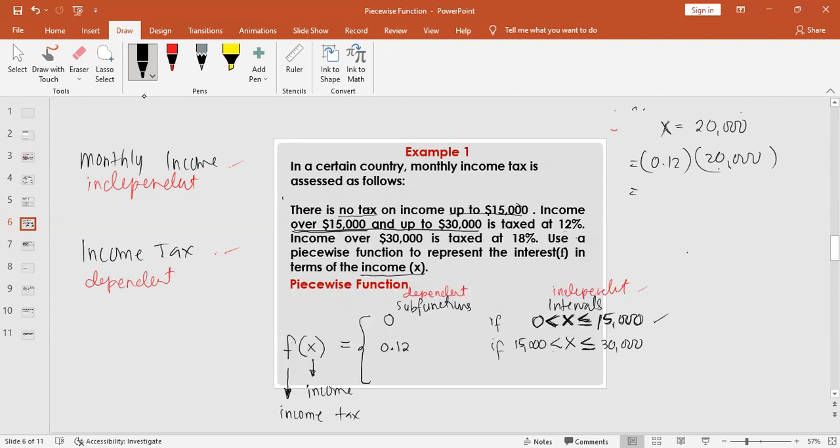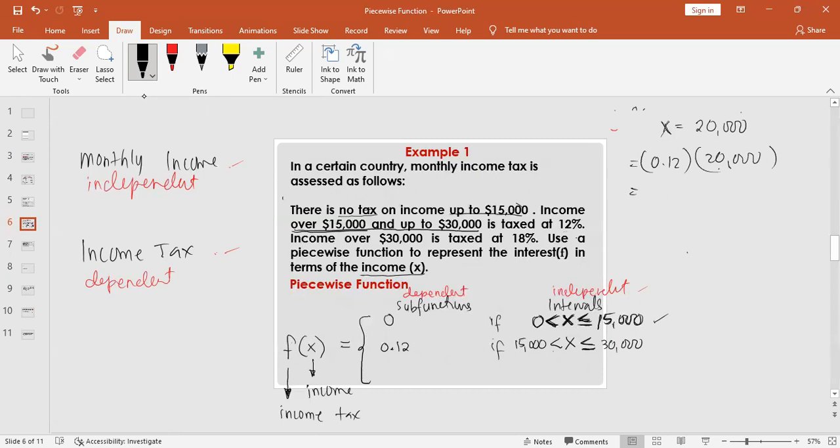I'll just get my scientific calculator. Okay.